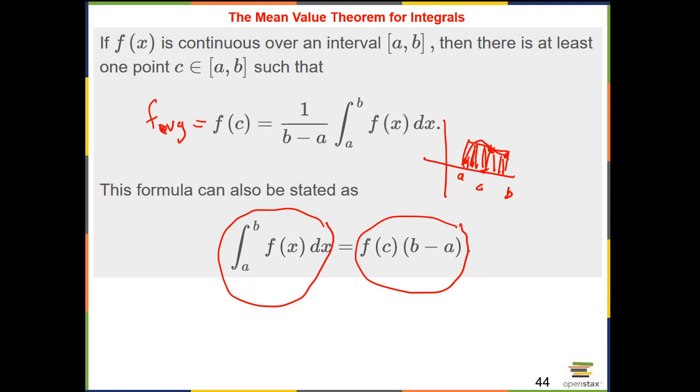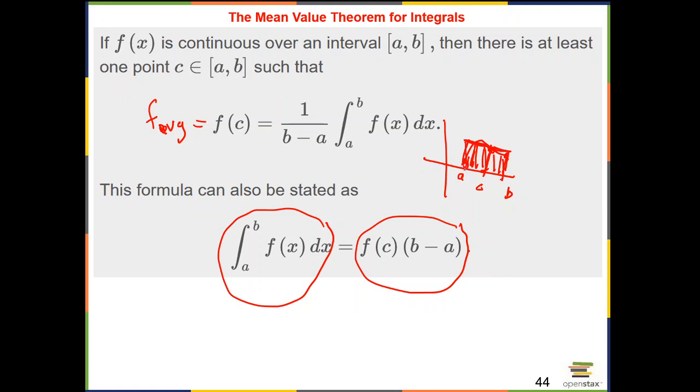The area of that rectangle is the same as the area under the curve. See, the area under the curve is the same as f at c, which is the height of this rectangle that I drew here, right? This rectangle here.